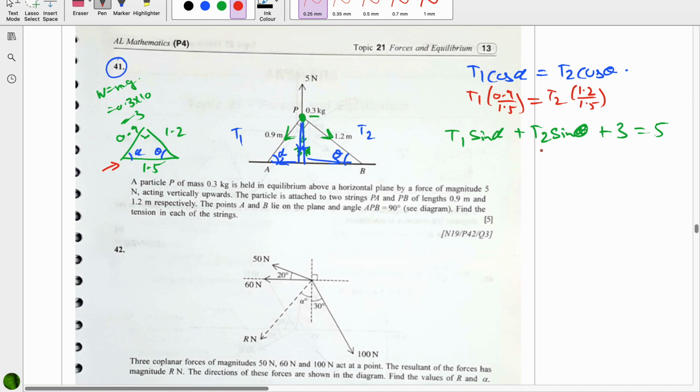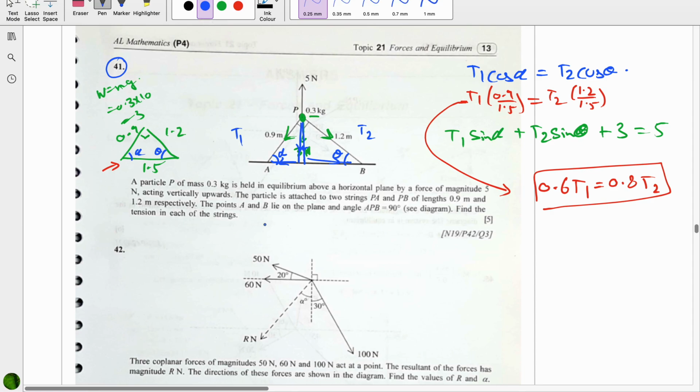Simplifying them, 0.9 by 1.5 is 0.6. Or rewriting this equation, that is 0.6 T1 is equal to 1.2 by 1.5, which is 0.8 T2. Same way I can substitute these sine theta and sine alpha using the same triangle.